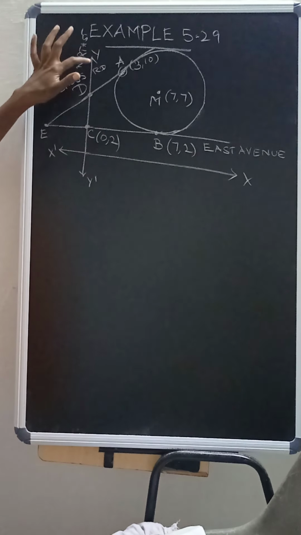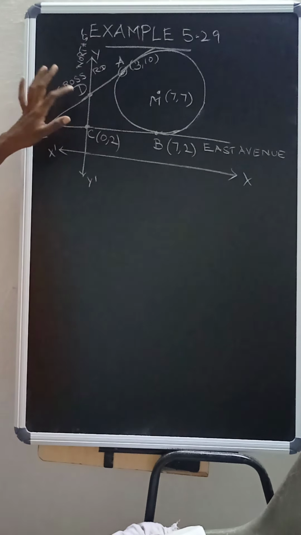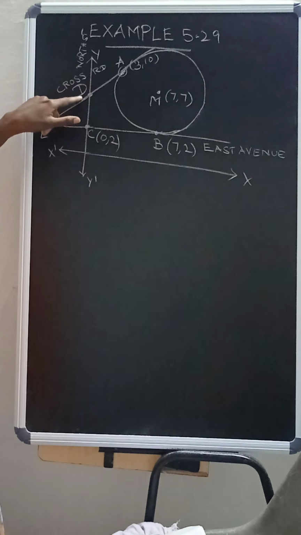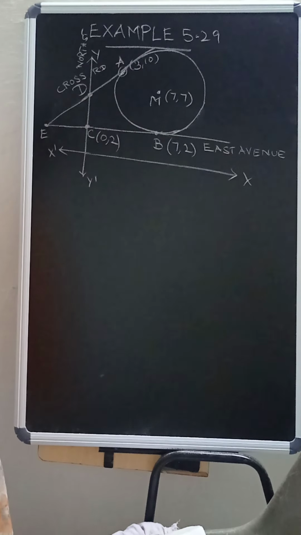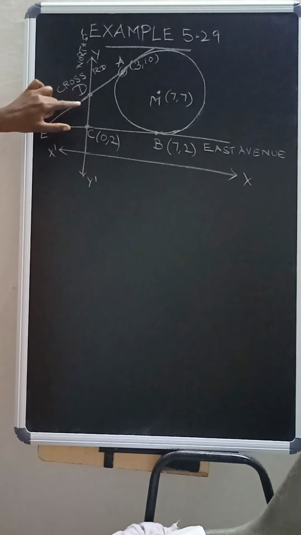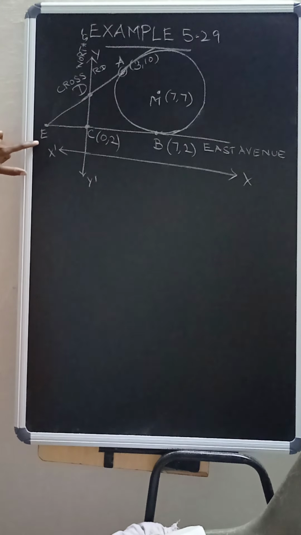The North Street is on the y-axis. See the diagram. So Crossroad intersects the North Street at D and East Avenue at E. So this North Street and the Crossroad will intersect at point D, and the Crossroad and the East Avenue will intersect at the point E.